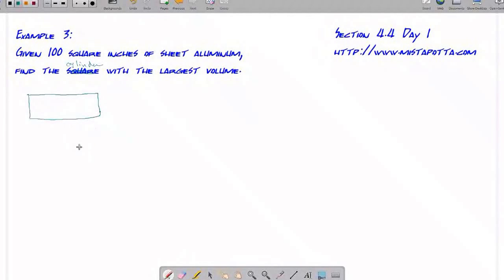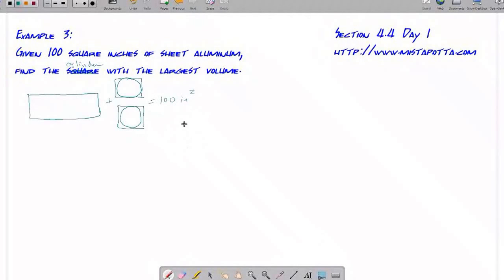This is basically the wall of my cylinder. And then out of another sheet of aluminum, I'm going to have to cut out a circle for the top, and a circle for the bottom. And I want this area to all add up to 100 square inches.